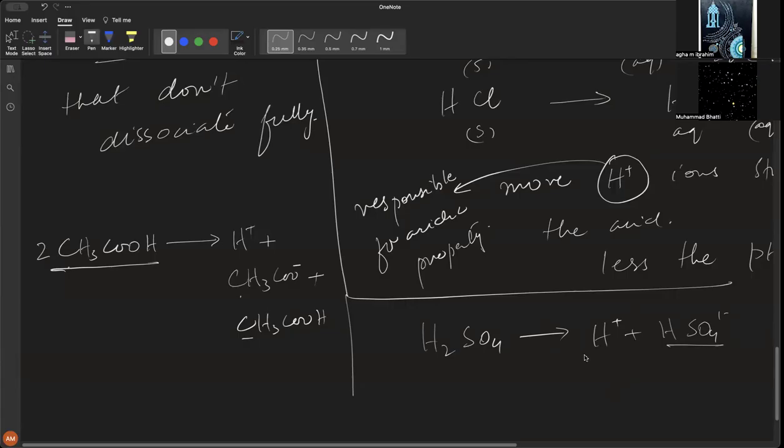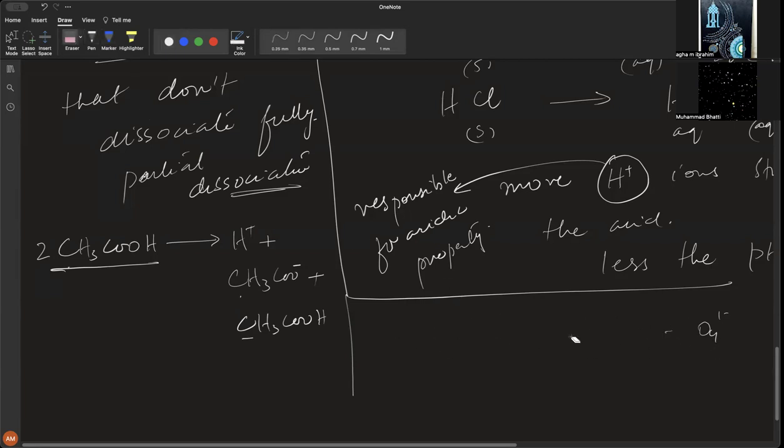Not fully dissociated. This is called partial dissociation, which is they get partially dissolved. So they are only able to provide 50% or a very small number of the hydrogen ions that they could have.